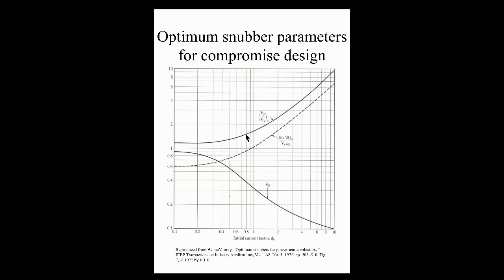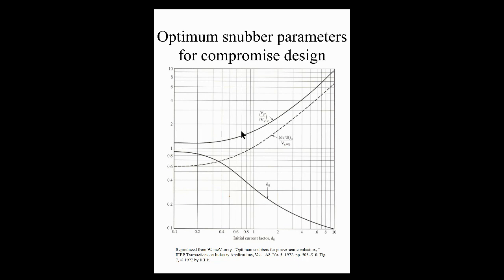You go across and hit the VP to VS curve, and then you come all the way down to get your D naught. For sigma, you hit the sigma naught curve, go across and read off your value.